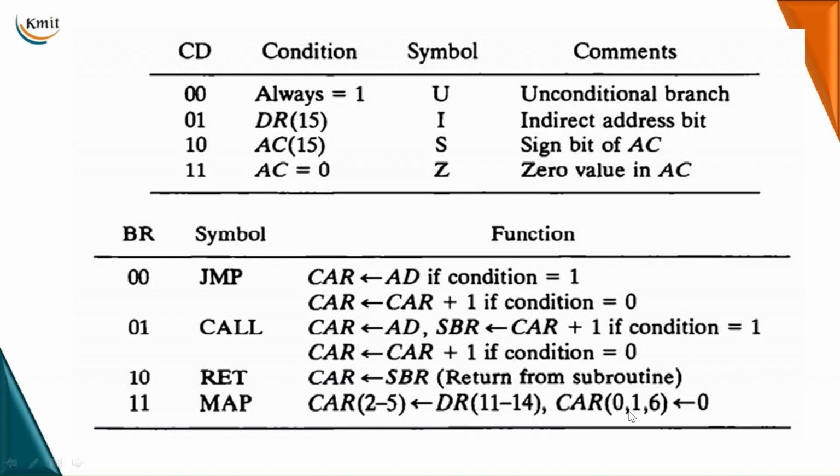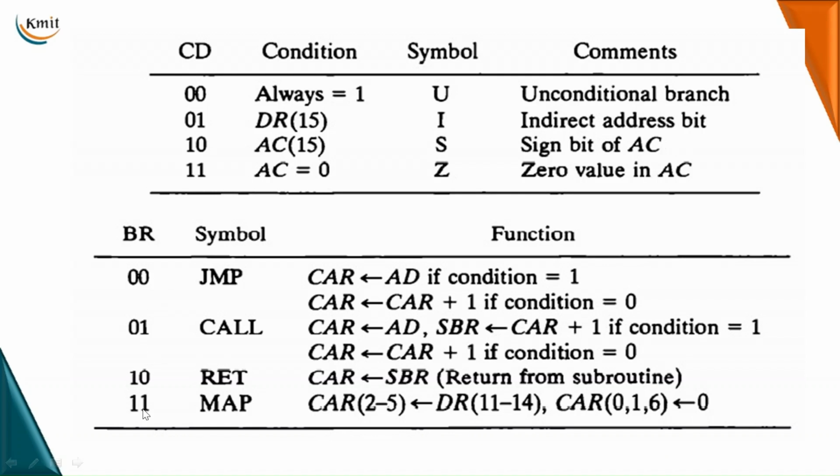So from the instruction format, the 11 to 14 opcode bits are copied same to same into bits 2 to 5 of the control address register, where the remaining bits are set to 0. So that we are mapping the 4-bit opcode to a 7-bit address of the control memory.